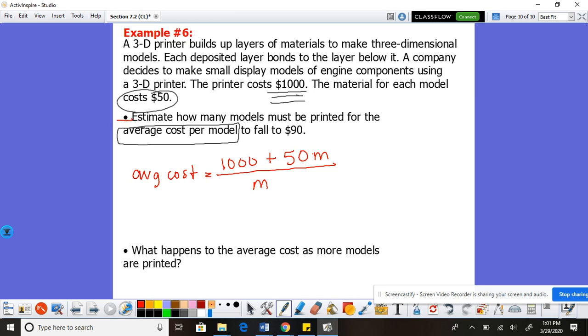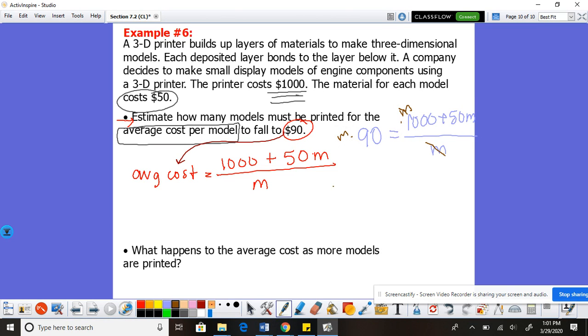Okay, so let's look at the question. Estimate how many models must be printed for the average cost per model to fall to $90. We want to know when the average cost is going to be 90. So I could say 90 equals 1,000 plus 50m over m. And then I want to solve for m. First thing, get rid of the fraction, so multiply both sides by m.